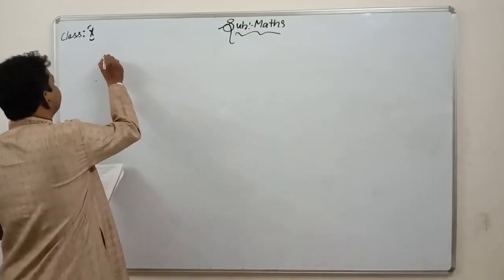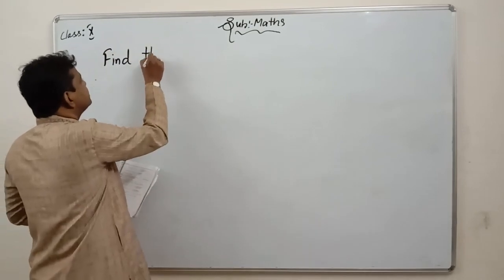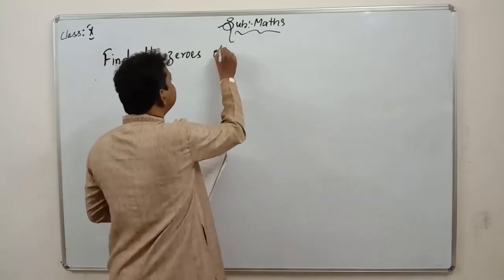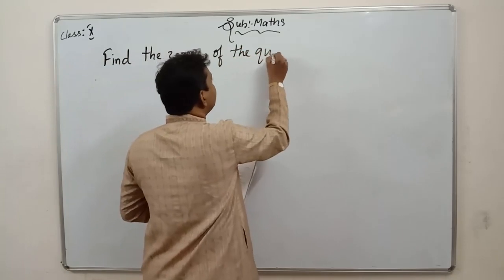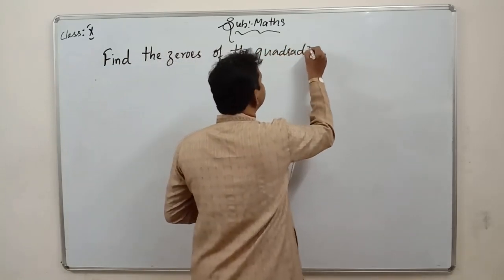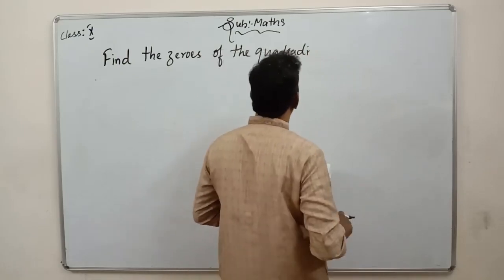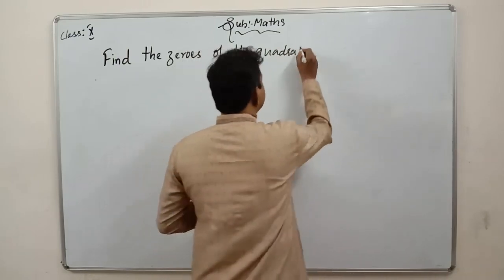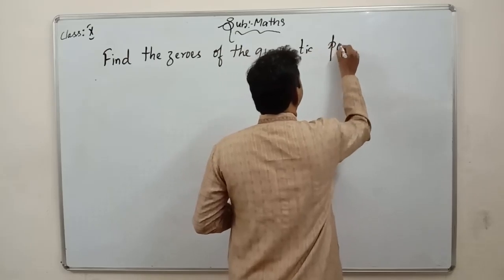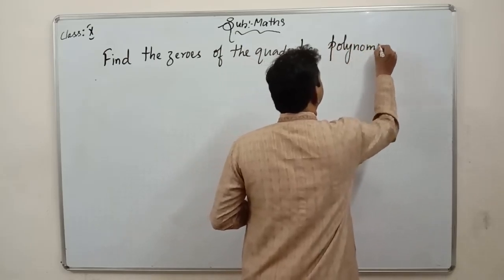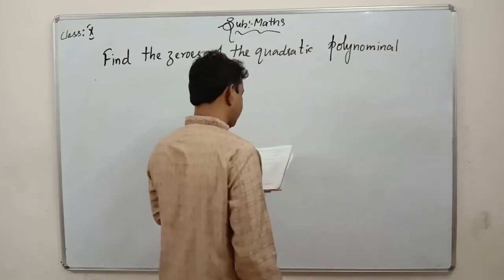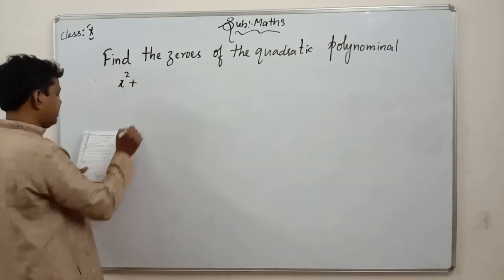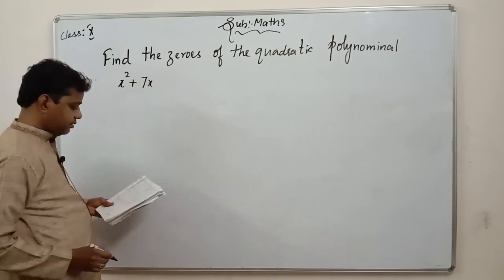So the question is, find the zeros of the quadratic polynomial x square plus 7x plus 10.